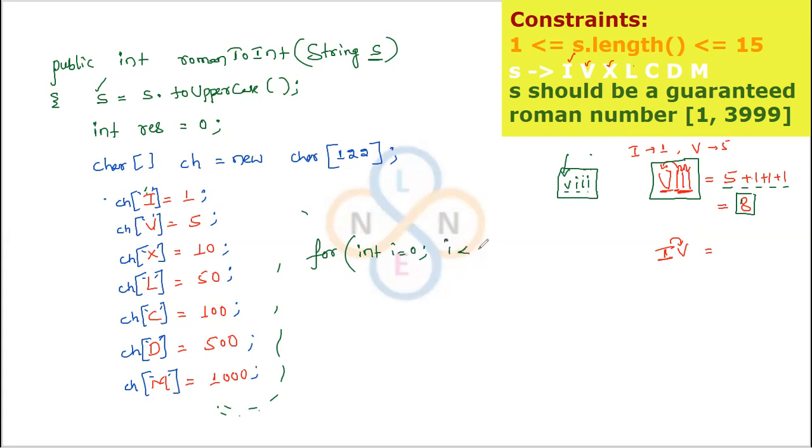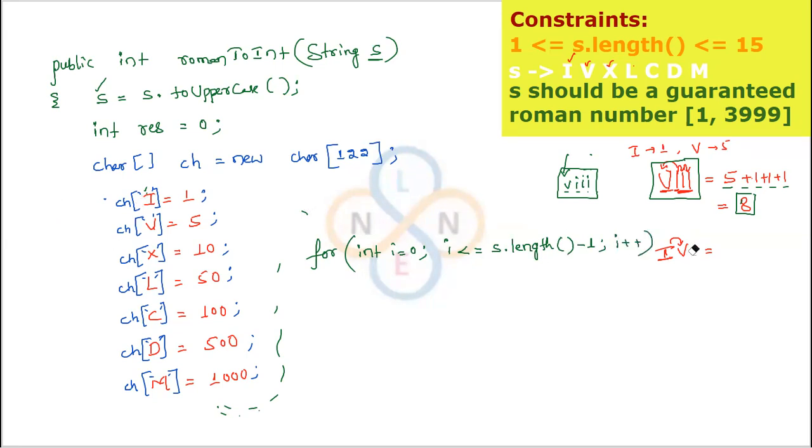It should be less than or equal to, for the time being let me write it, but I'll tell you whether it is correct or incorrect. The loop has to run till the last index, that's s.length(), a method on strings, minus 1, then i++.